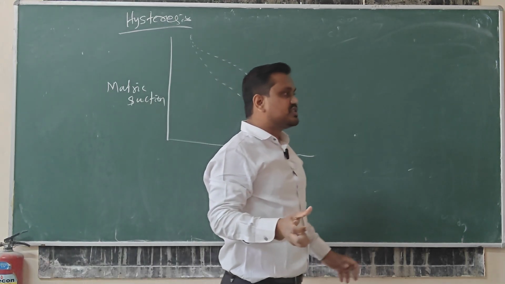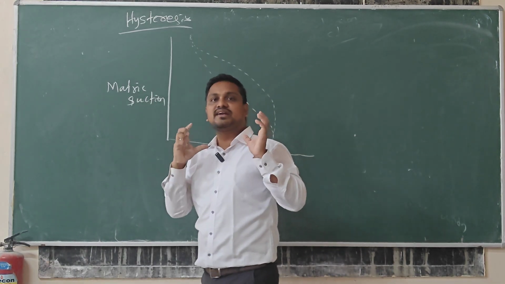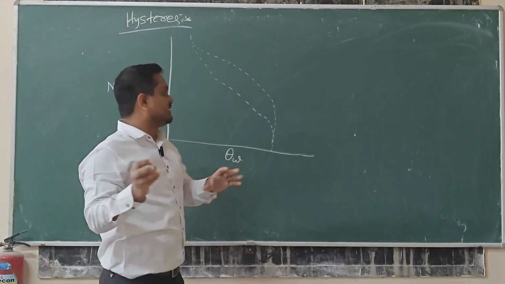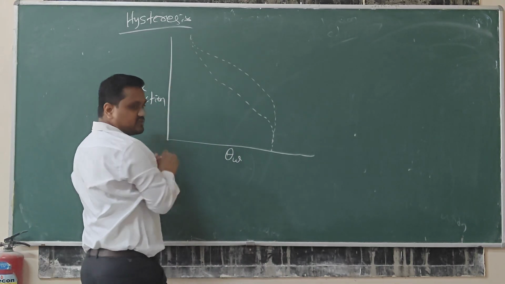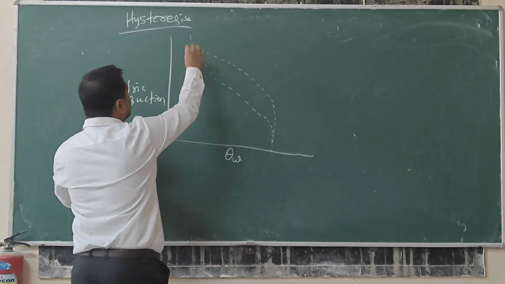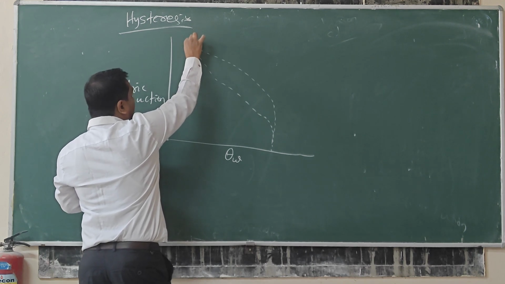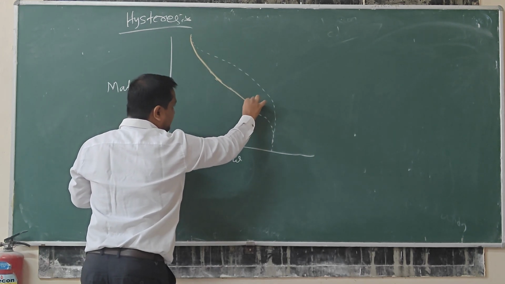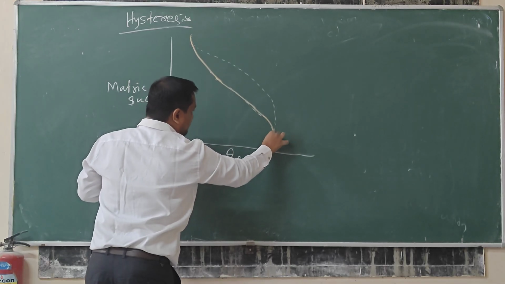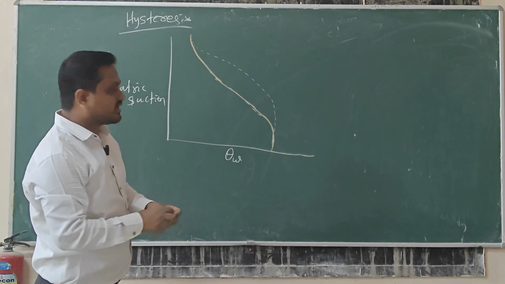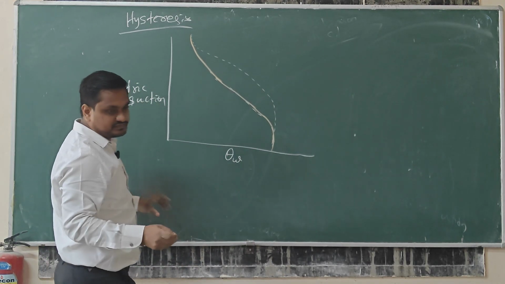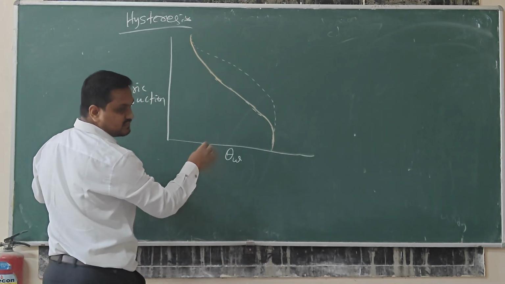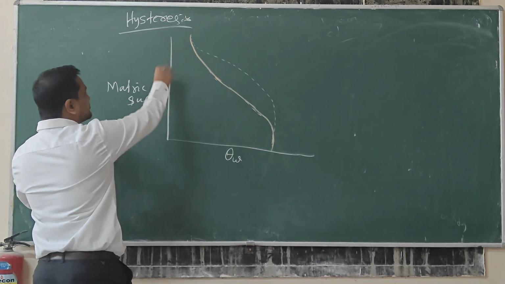What happens? You see, your initial oven-dried soil is wetted. So after wetting, the curve will come this way. You can say this is the matric suction range.